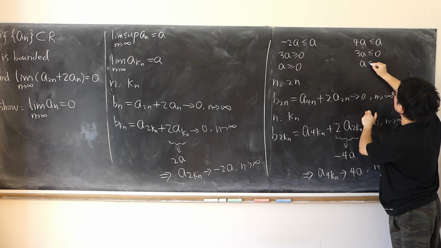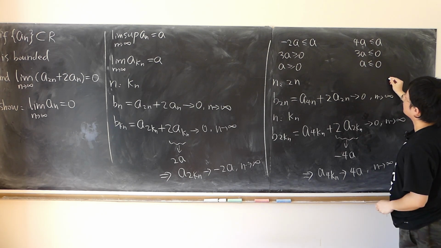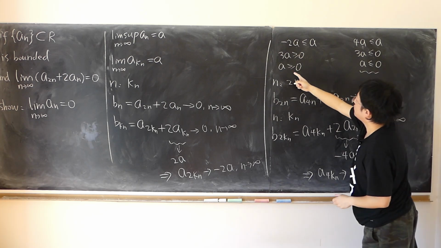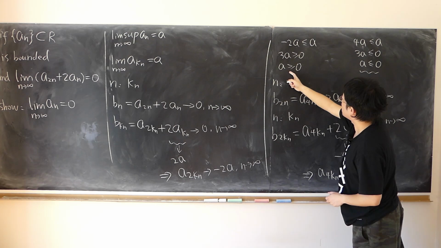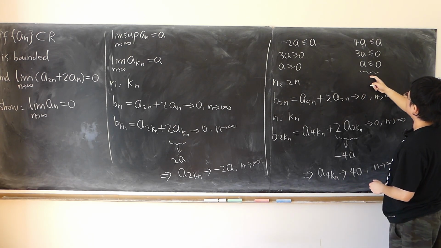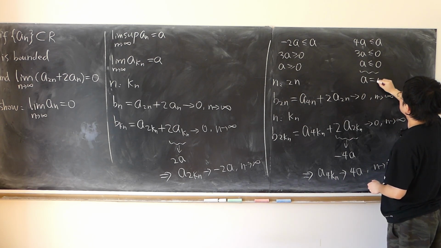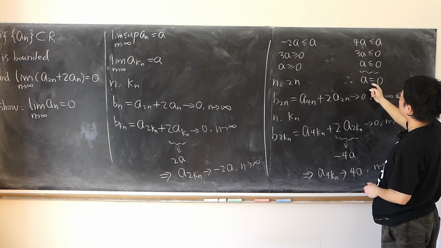So A no larger than 0. Right? Previously I reached A is bigger than or equal to 0. Now A is less than or equal to 0. So, right, A must be equal to 0.